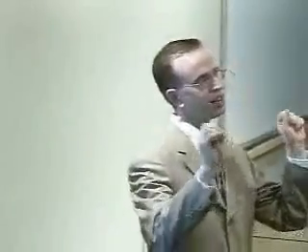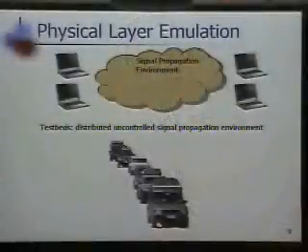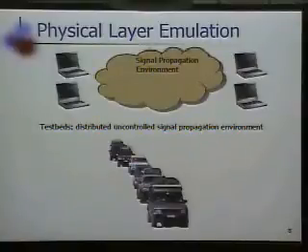So if we consider the testbed approach for a second, in a testbed we have nodes that are distributed in a signal propagation environment. And so there were a couple of problems. First of all, there was the issue that the testbed is cumbersome. So if we consider that vehicular networking example, you had to get in the vehicles and drive, which was undesirable.